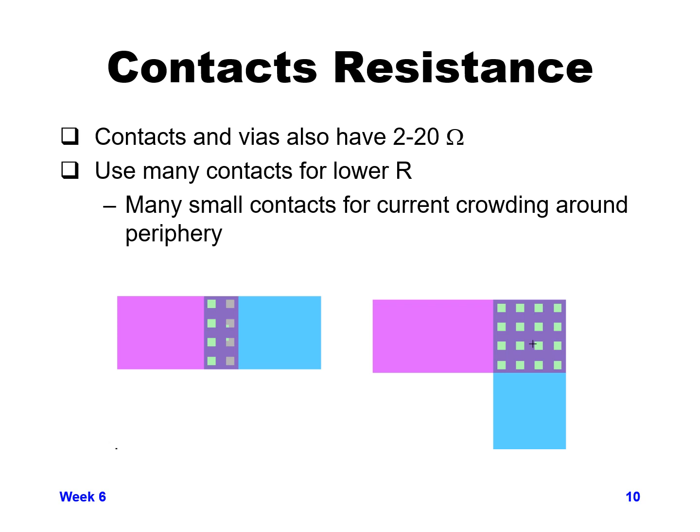So if you make a single contact down to your active region or between metal regions, you might have, for example, 2 ohms, or as you go to the lower metal regions, the smaller the contact or via is, the larger the resistance is. So you might have up to 20 ohms, depending on which layer it is.